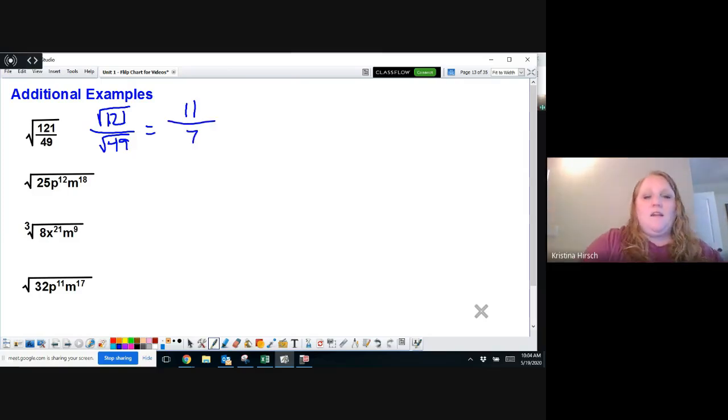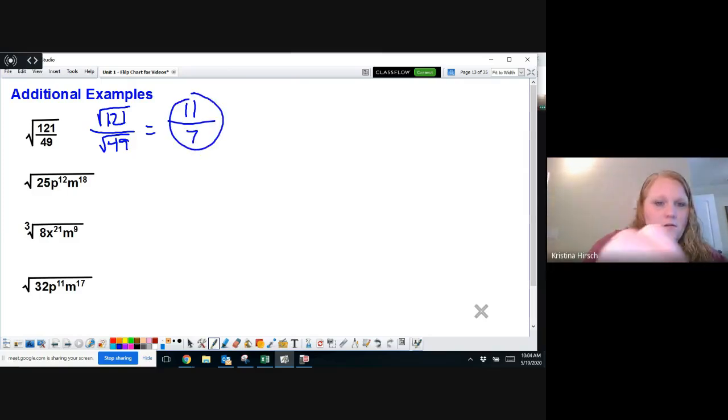Can that reduce? No. Okay, so it was easier for that one to break it apart and then do the math individually. All right, and some of y'all won't have to see this step. Some of y'all are just going to do it, square root of 121, square root of 49, and get the same answer.